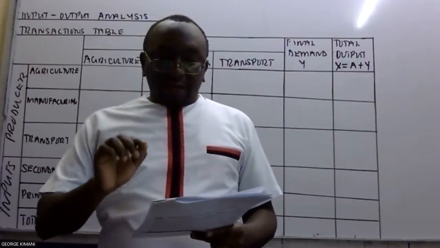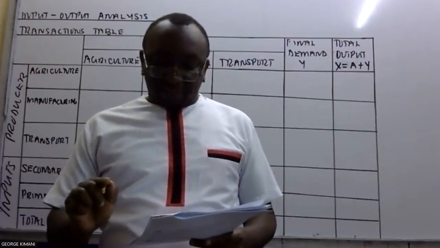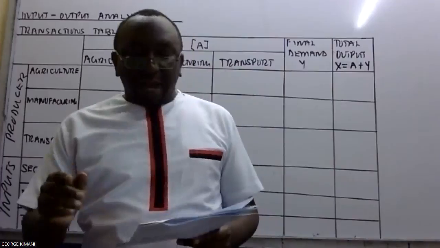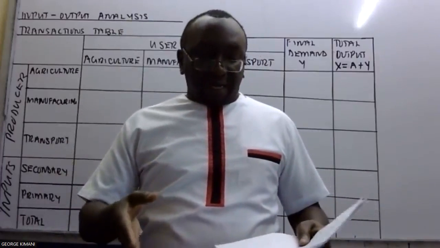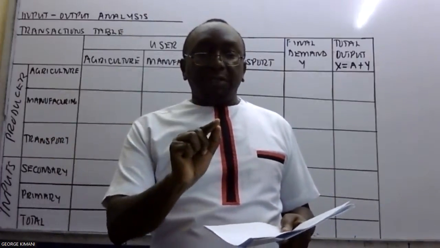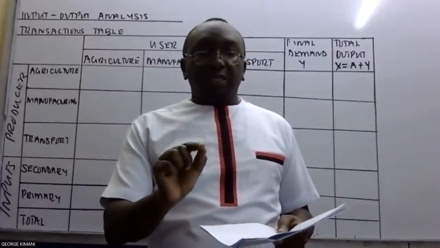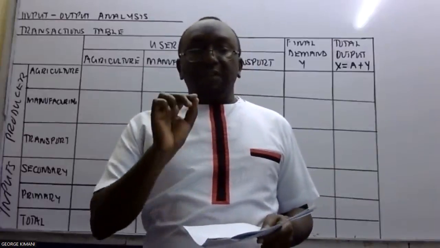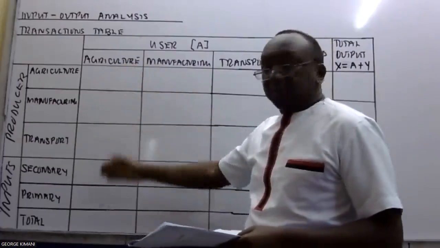He's saying, for you to produce 1 unit of agriculture, it requires 0.5. So are we talking of inputs as far as agriculture is concerned, or outputs? Input. Good. So if it is input, then we are going to record in the column.